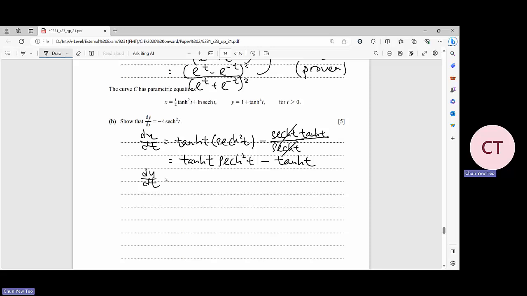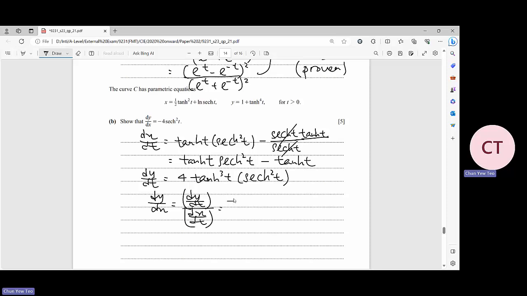Now we want to find our dy/dt. So dy/dt is easier. 4 tanh^3 t, and then this one is a sech squared. So now your dy/dx is your dy/dt divided by the dx/dt.